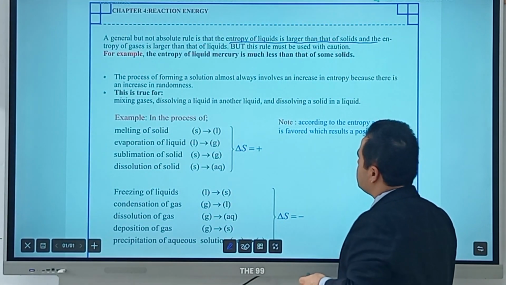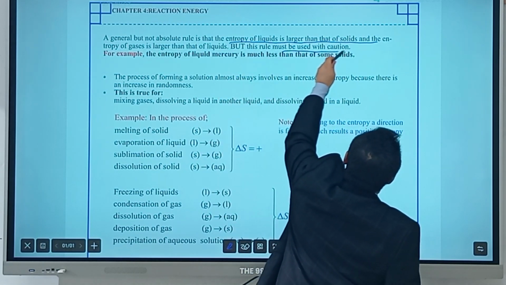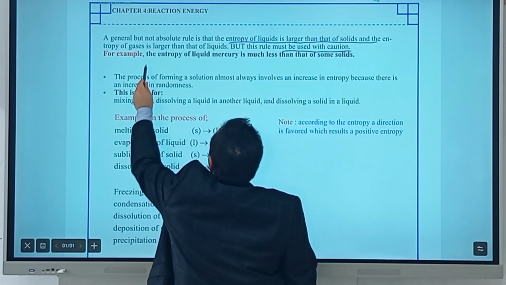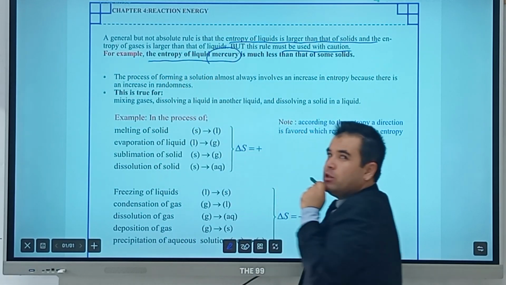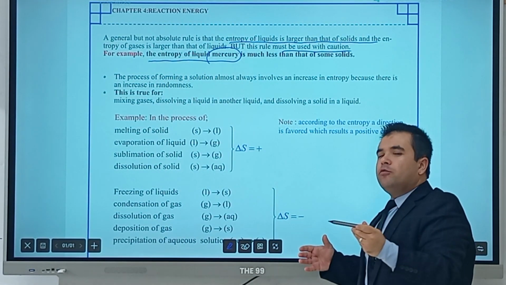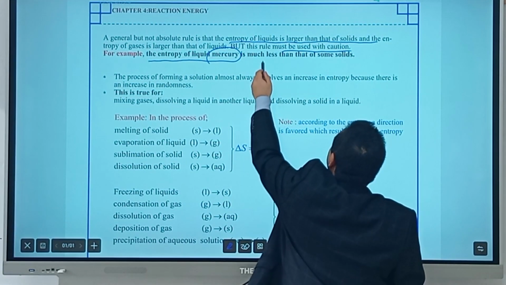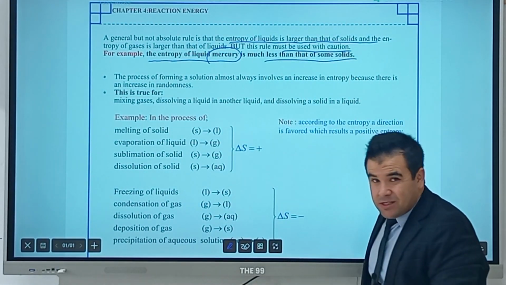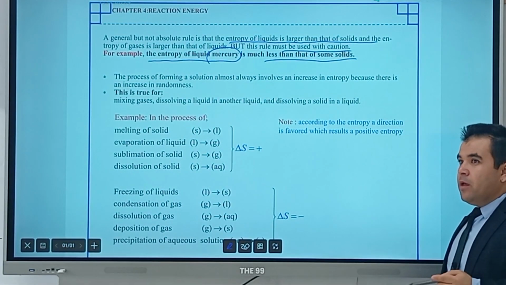We will be talking about those processes, but this rule must be used with caution. Why? Because we have an example: mercury is a liquid. Despite being liquid, its entropy is much less than some of the solids.